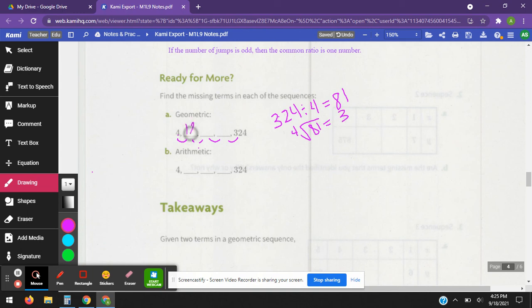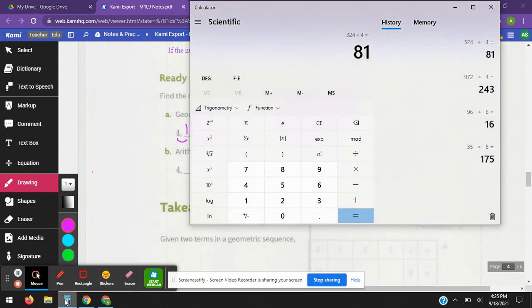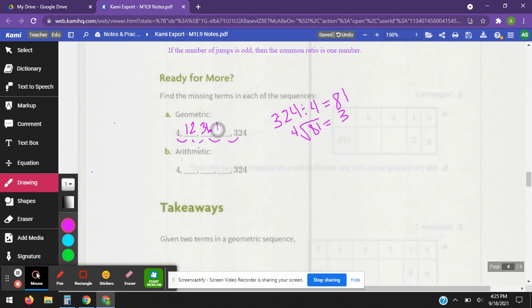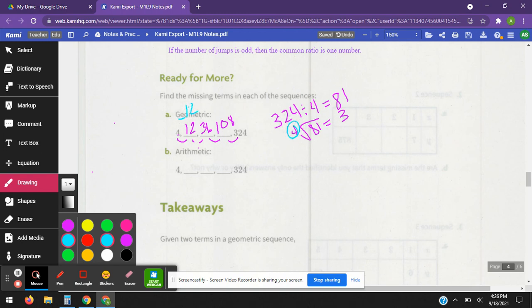So 4 times 3 is 12. 12 times 3 is 36. 36 times 3 is 108. Or, because it's an even number, times a negative, it'd be negative 12 or negative 108.